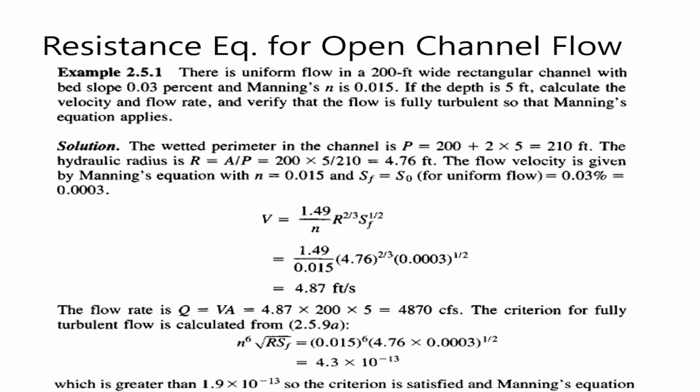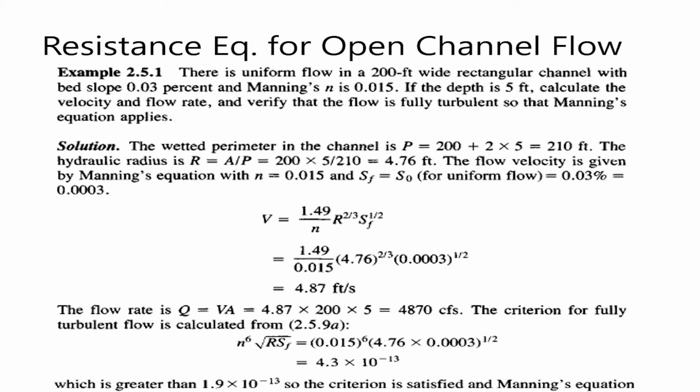So we are just cross checking whether it is a turbulent flow or laminar flow. By the criterion given by Manning, we apply this formula. Then we have got 4 into 10 power minus 13, which is greater than the threshold value 1.9 into 10 power minus 13.